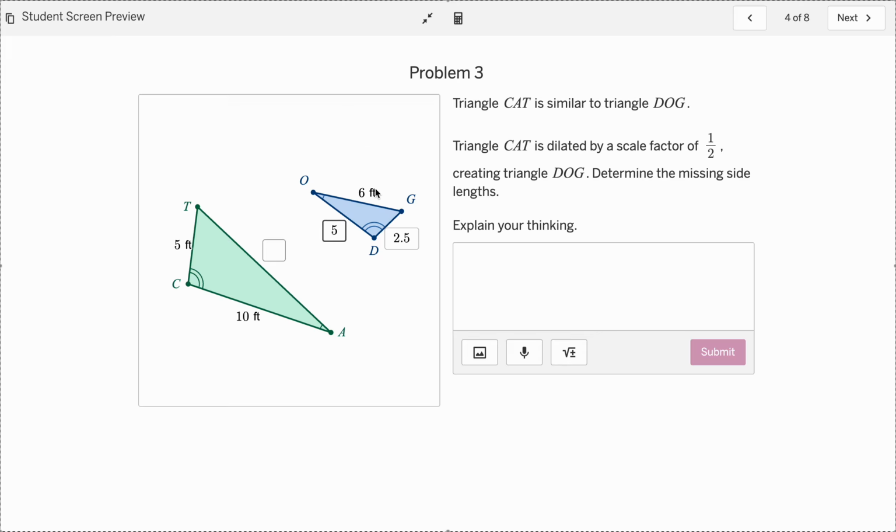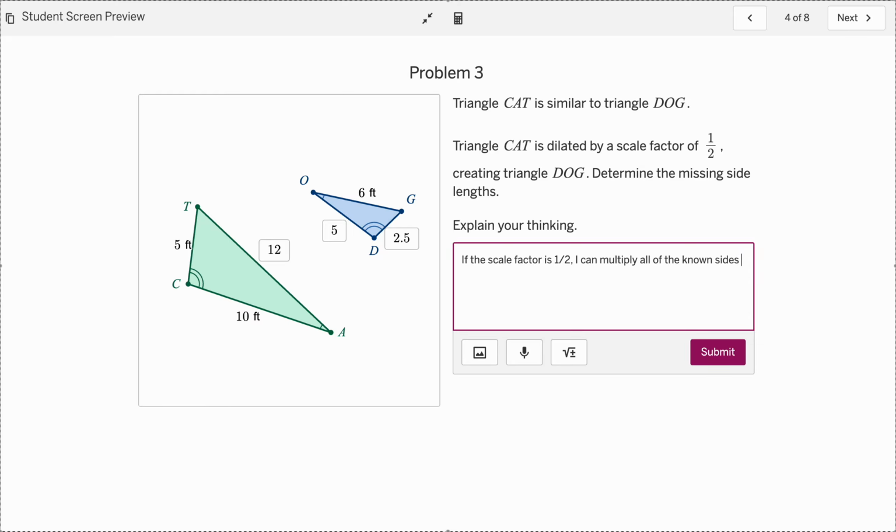So 6 is the product of something times 1/2. So we know that 6 times 2 is going to be 12. So this is 12. If the scale factor is 1/2, I can multiply all of the known sides of CAT to get the unknown sides of DOG.